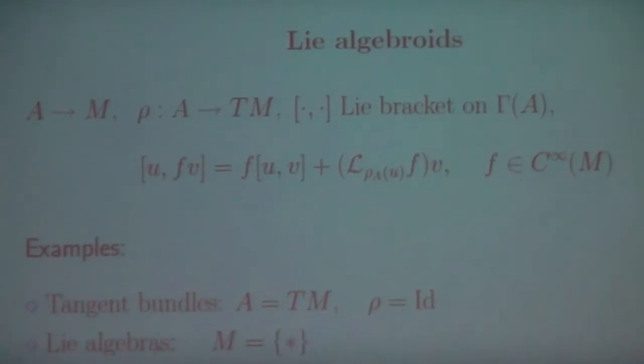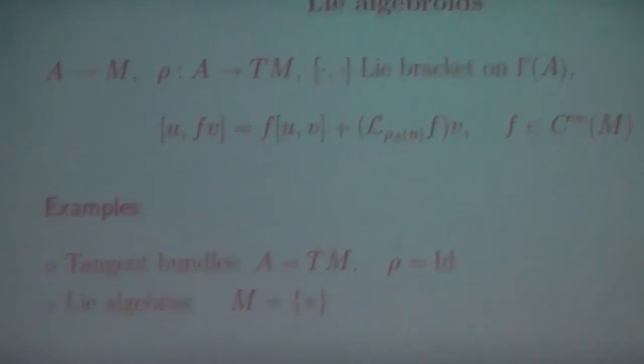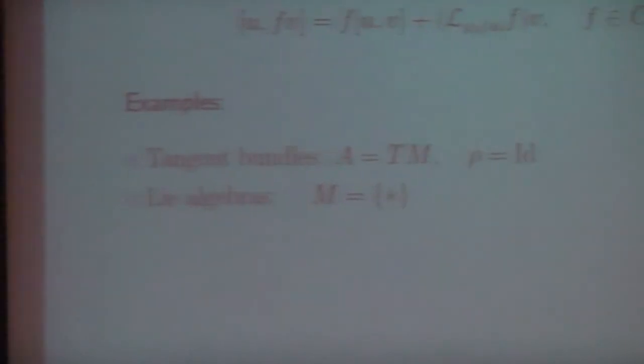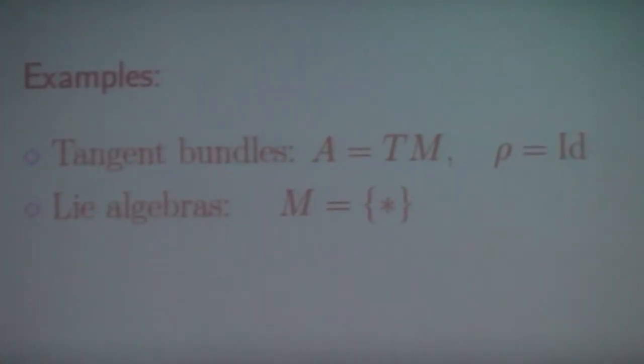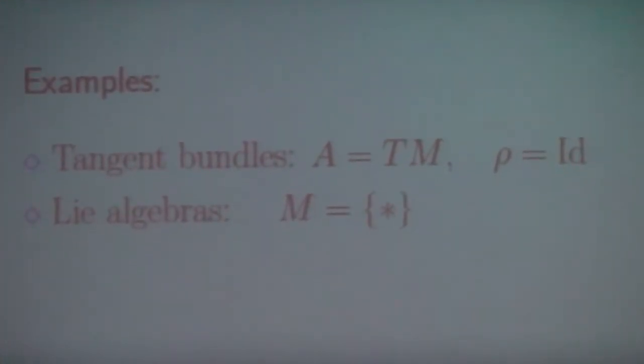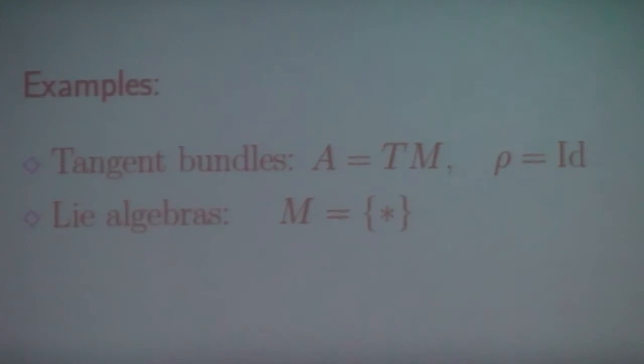Okay, so the main examples, on the one hand, are the tangent bundle of any manifold, in which case this bundle map is the identity map, and the bracket on sections of TM, which are just vector fields, is just the usual Lie bracket of vector fields. And then the other extreme is if you take the base manifold to be a point, in which case the compatibility condition is vacuous and you just get a Lie algebra.